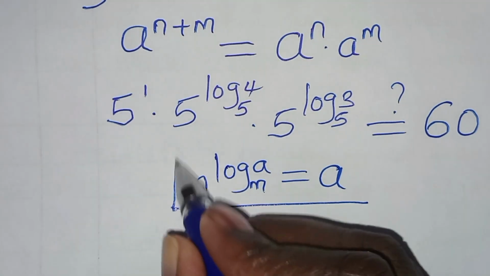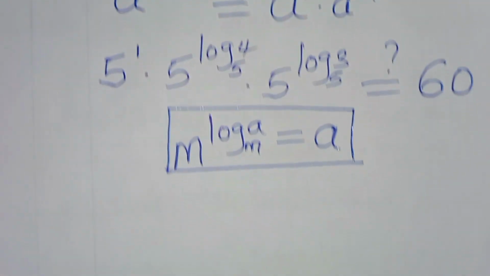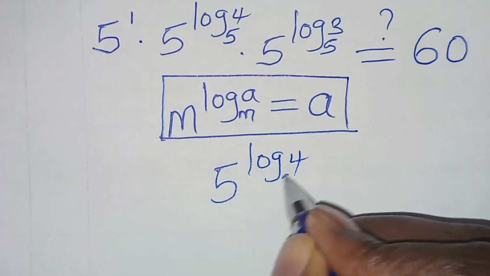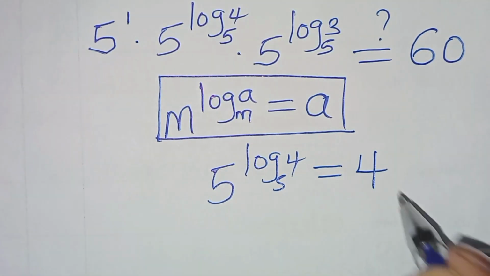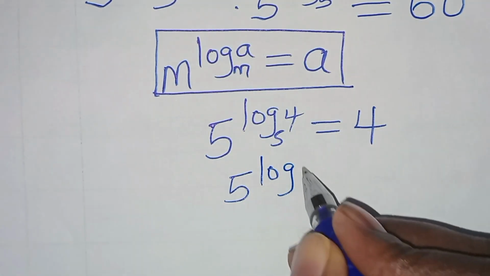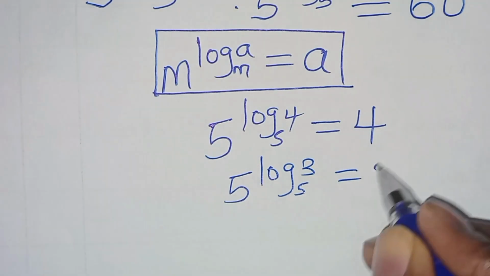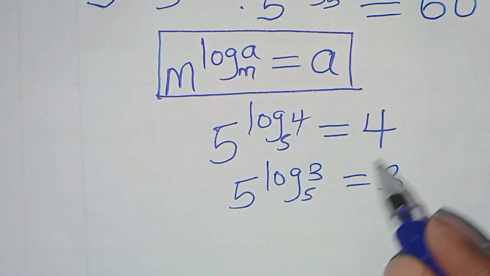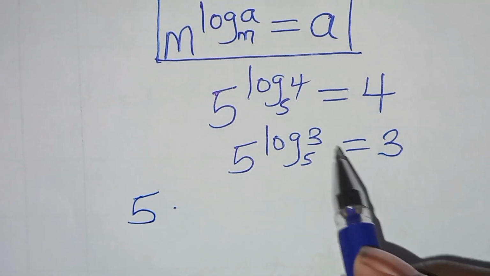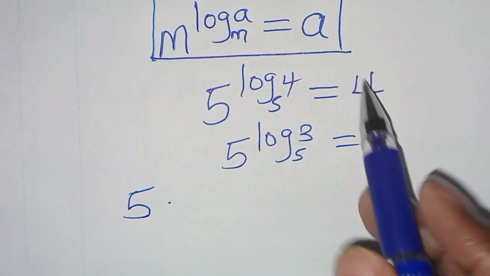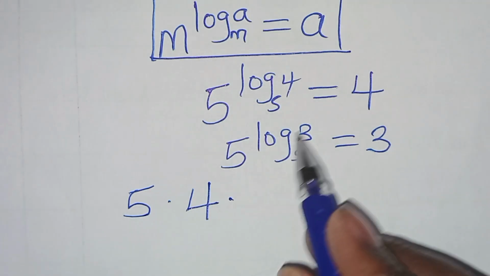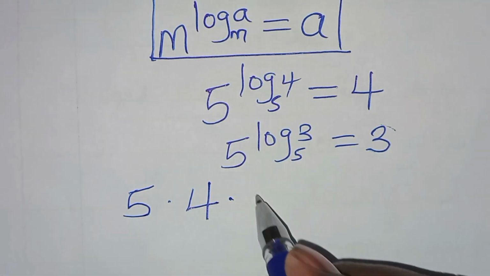Now, applying this logarithm property, 5 to power log 4 to base 5 is the same thing as 4. And 5 to power log 3 to base 5 is the same thing as 3. Substituting, we have 5 times 4, then times 3.